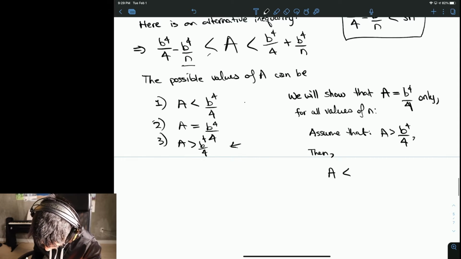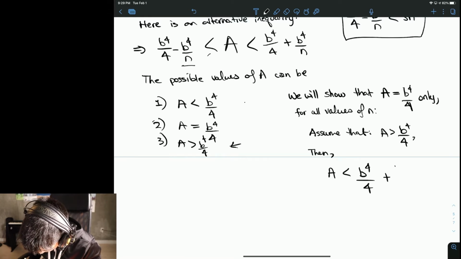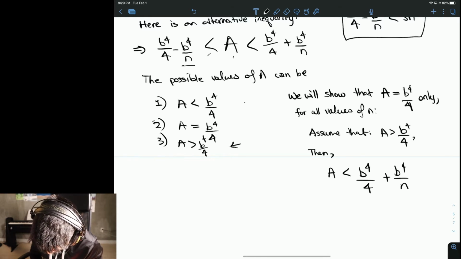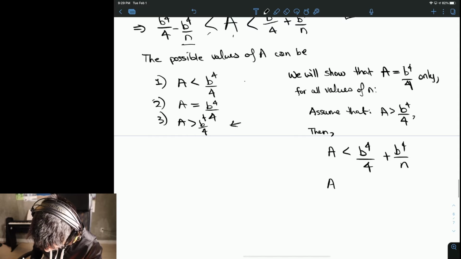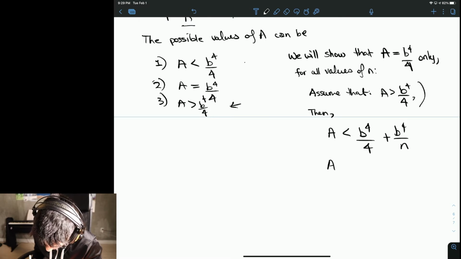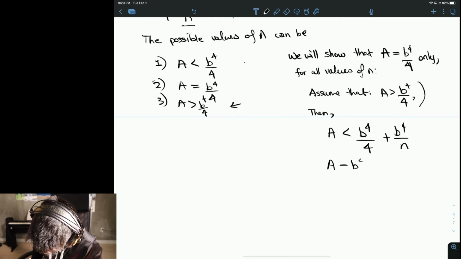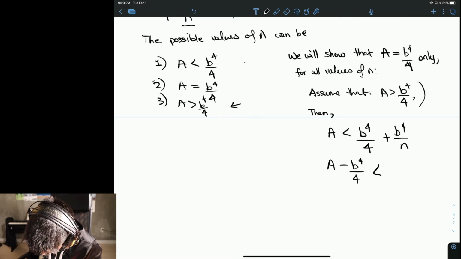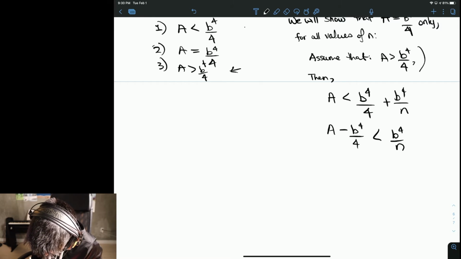Yeah, okay, so we'll use the existing equality. Taking advantage of our assumption that A is bigger than this value, it's legal to subtract b4 over 4 from both sides, so this part will cancel out, and then we will get b4 over n. And then at this point, we can simplify this further by multiplying both sides by n.